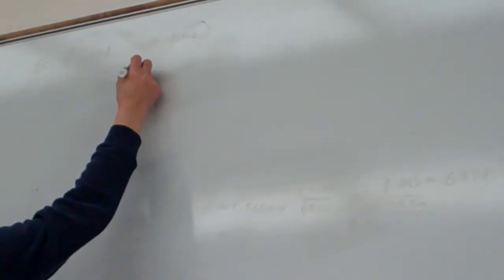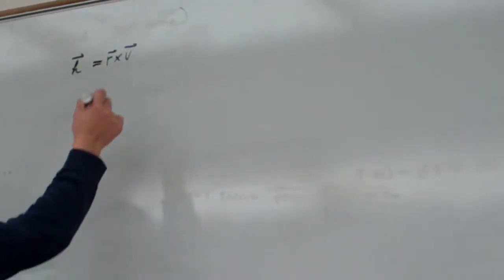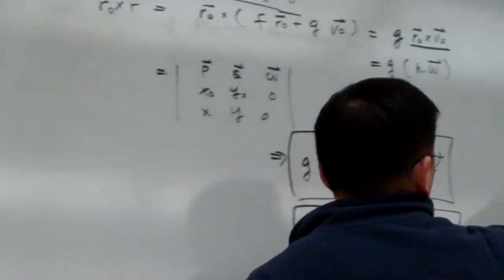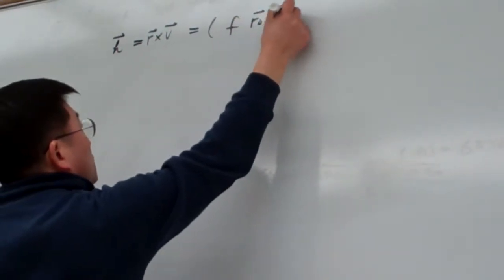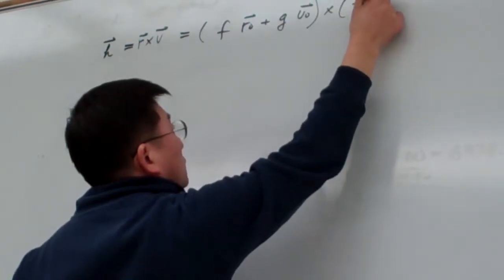R cross V is our angular momentum vector, and for R cross V we can plug in the expressions here. So R and V, I introduce those individually. So that is F R0 cross G and cross F dot.